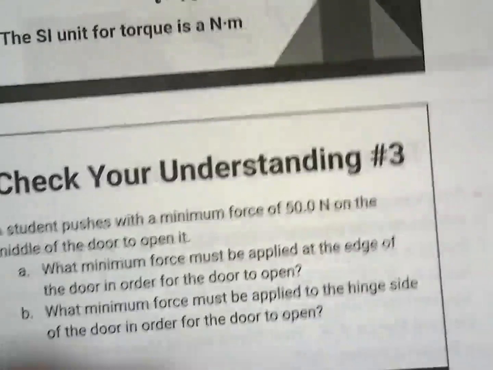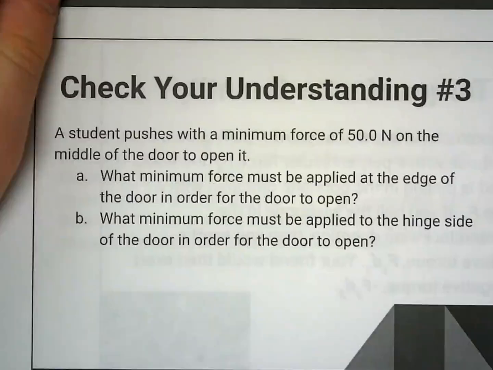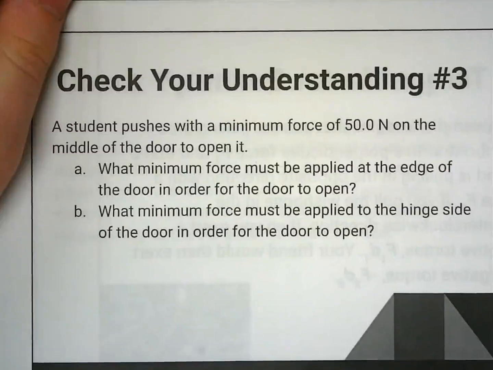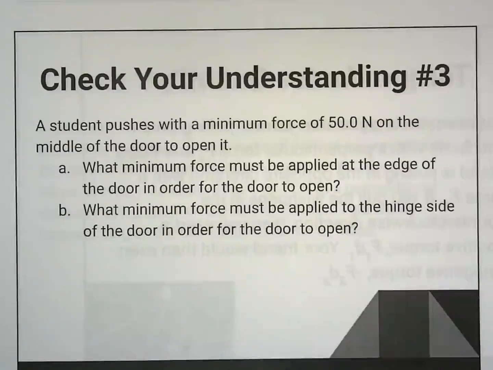All right, check your understanding number 3. Okay, so a student pushes with a minimum force of 50 newtons on the middle of the door to open it. And then the 2 questions here are, A, what minimum force must be applied at the edge of the door in order for the door to open? And B, what minimum force must be applied to the hinge side of the door in order for the door to open?